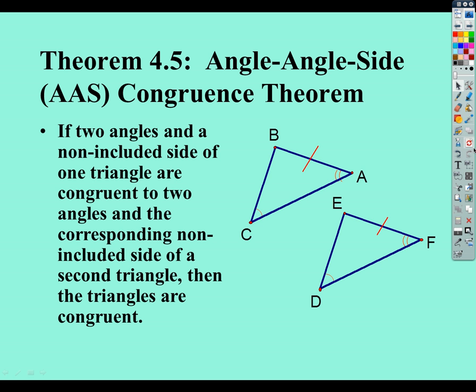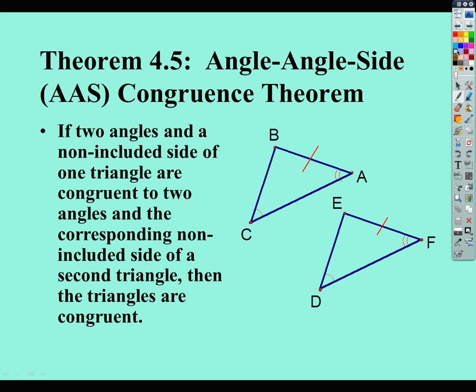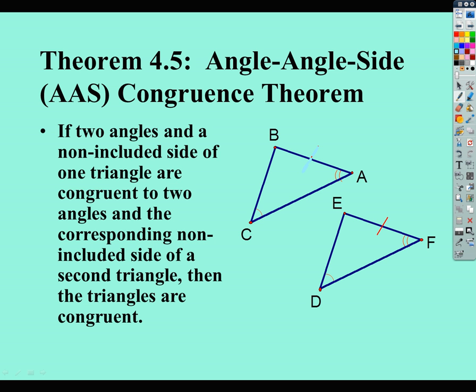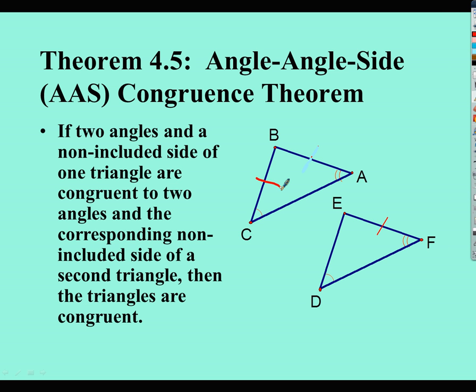Okay, I'll show you something. So what if I just block him out? And what if this mark were there instead? Well, that would not tell you those triangles are congruent. It's possible they might be, but more than likely they're not.